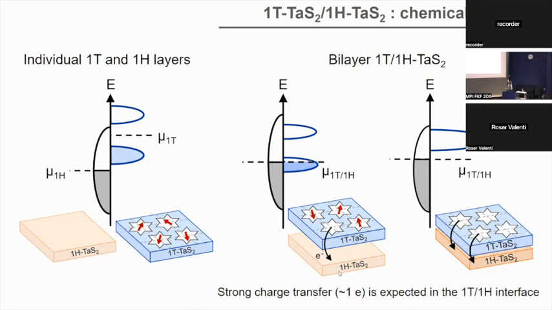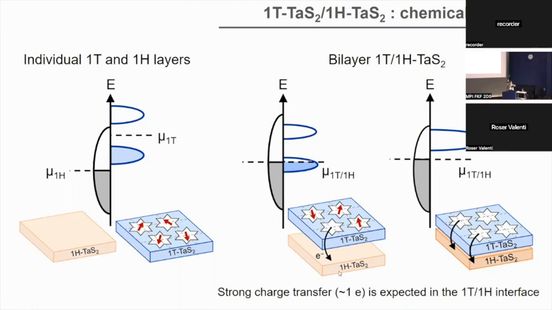And this is what is happening here: the chemical potentials of these two layers are very different. So when you build up these bilayer structures, there is a charge transfer from this 1T layer to the 1H layer. And of course, this charge transfer is going to depend on the distance that you have between these two layers.